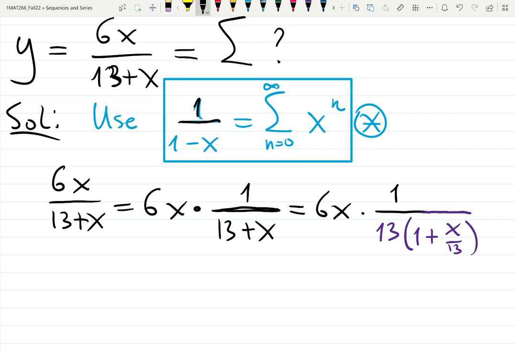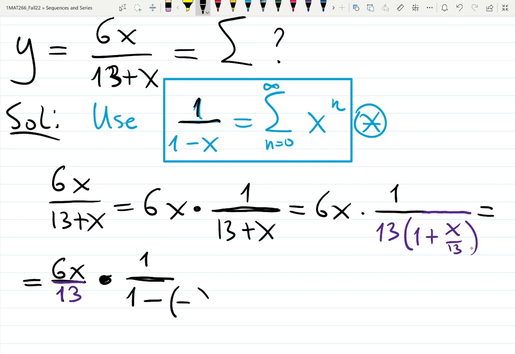So remember, I read it like this: 1 over 1 minus input. I'm getting closer to that. 6x over 13 times 1 over 1 plus x over 13, but I need 1 minus. What do?